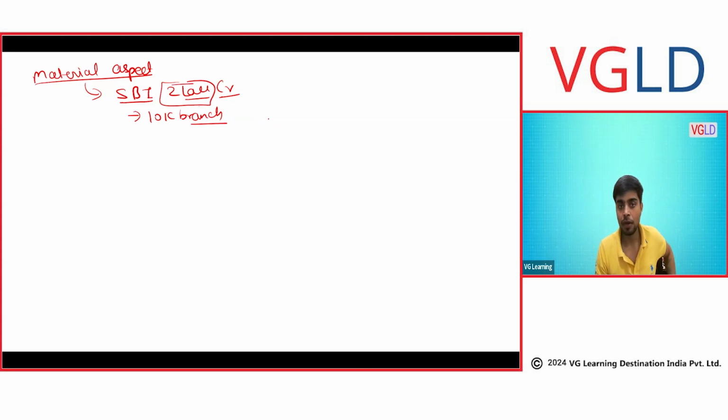Out of this 2 lakh crore, the majority consists of, let's say, 150 branches. Just as a hypothetical example, let's say 1.5 lakh crore comes from 150 branches, and the remaining 0.5 lakh crore comes from 9,850 branches.